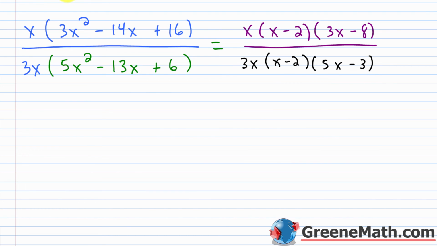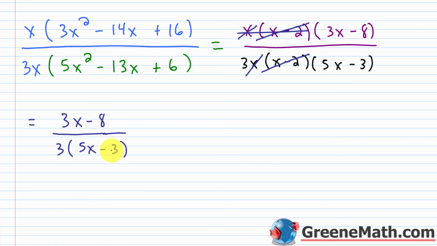So between the numerator and denominator, what are the common factors? We see that we have an x here that we can cancel with an x here. Then we have the quantity x minus 2 that cancels with the quantity x minus 2. So what I'm left with, this is gone. I have 3x minus 8, so no need to keep it inside of parentheses, over 3 times the quantity 5x minus 3.